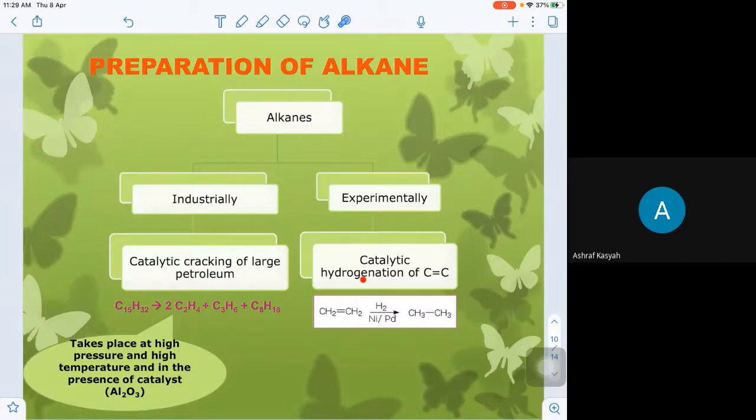So we have ethene, CH2=CH2, reacted with hydrogen in the presence of Ni, nickel, Pt or Pd. The alkene turns to alkane.